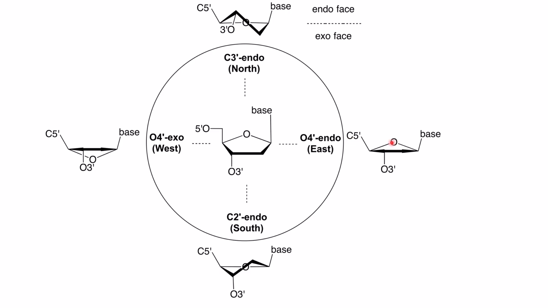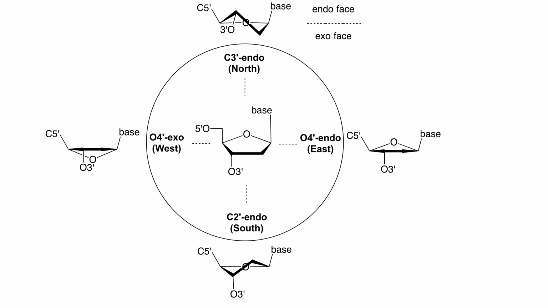So if the oxygen atom in relation to the C5 carbon atom is placed above the plane of the sugar, it is an endo conformation. Now if it is below and opposite the C5 carbon atom, then it is exo conformation. So that is what is meant by sugar puckering.